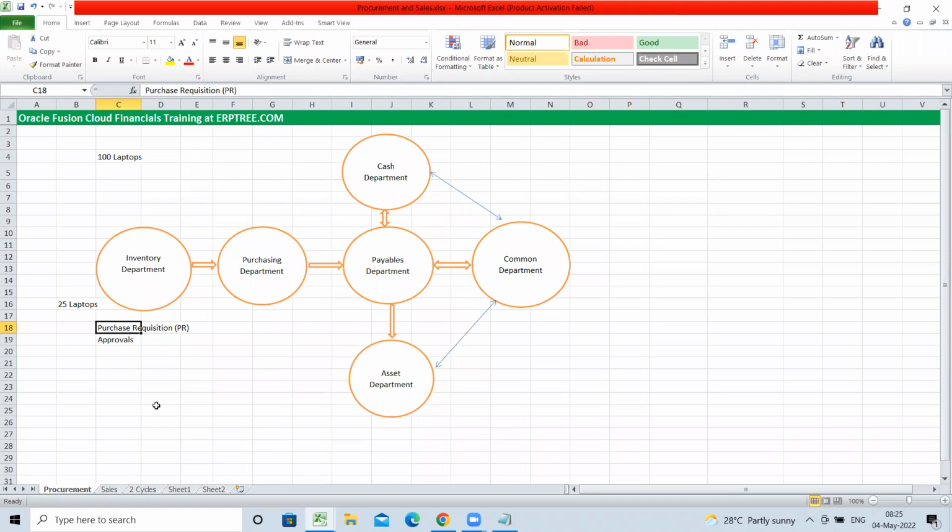So they create the purchase requisition and get the approvals. After getting the approvals, the inventory department will pass this approved purchase requisition information to the purchasing department. Based on this approved purchase requisition, the purchasing department will create RFQs.